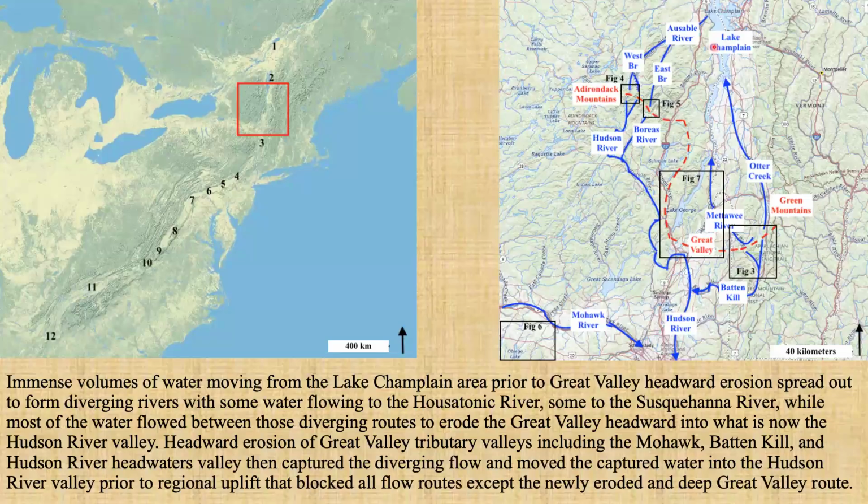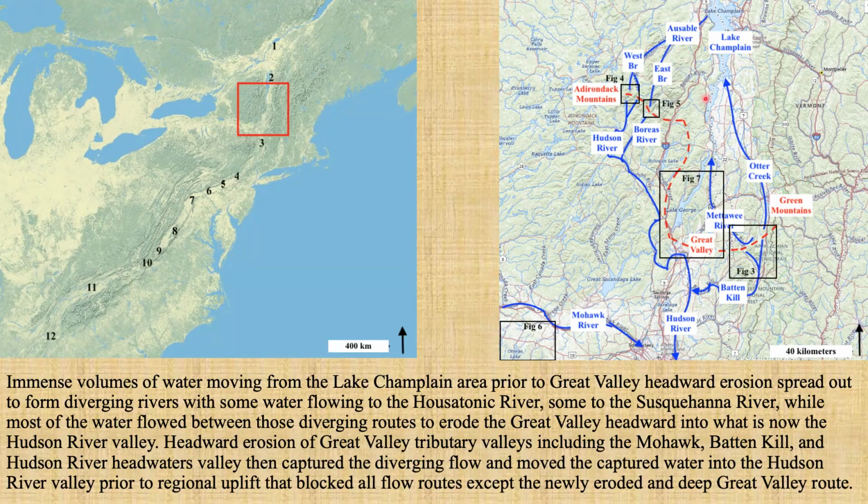It had to be a tremendous water source, because as the water was flowing across the mountains that were being uplifted, the water was able to cut deep valleys into the mountains before the uplift blocked the flow and created what is today the drainage divide.